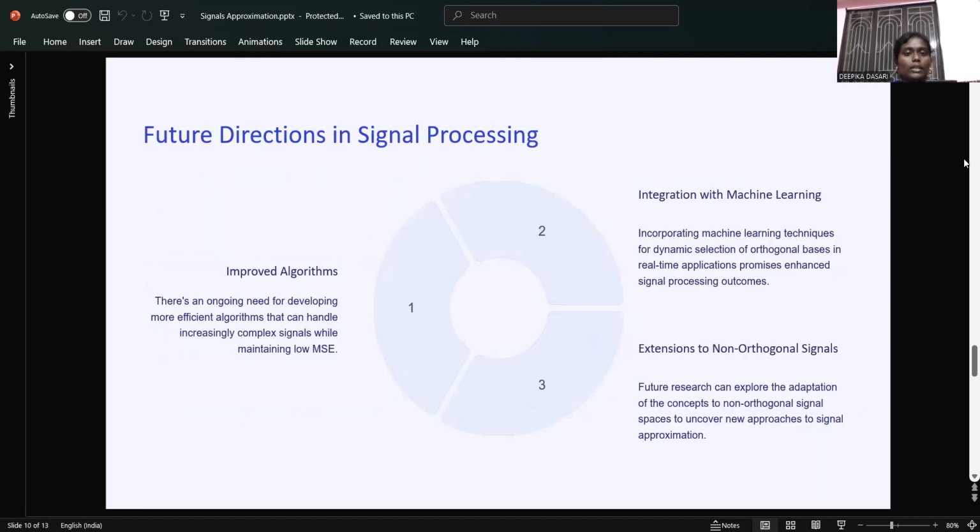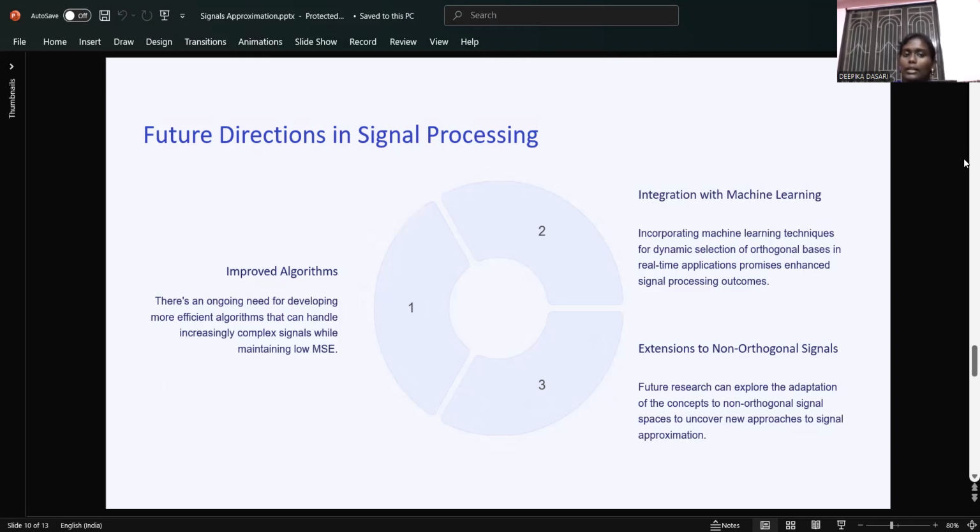Future directions in signal processing. In improved algorithms, there is an ongoing need for developing more efficient algorithms that can handle increasingly complex signals while maintaining low mean square error.